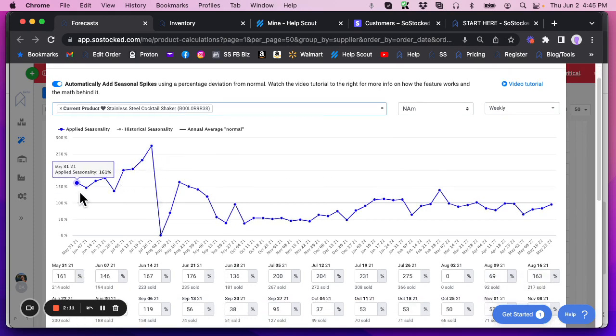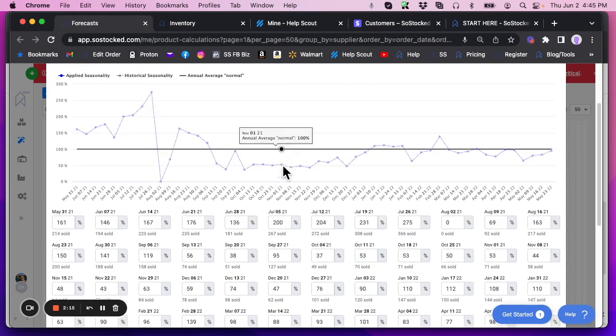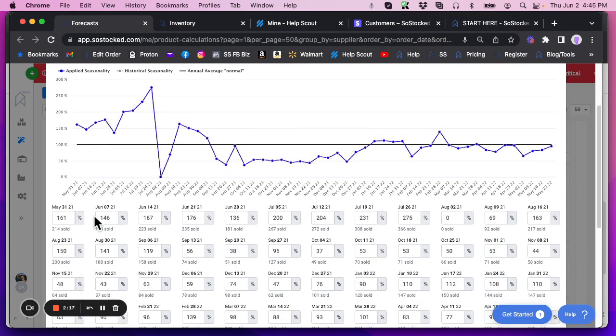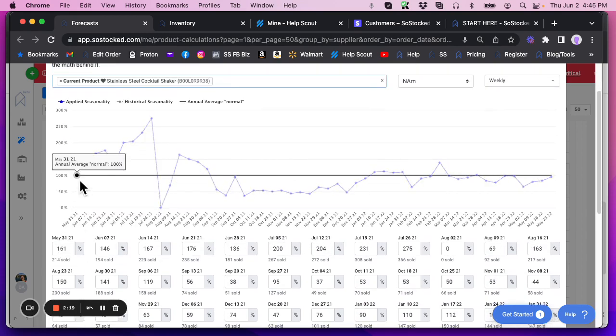Let's get into a little bit of the math, and I'm going to keep this really simple and not get too complex with it. Basically, we're looking at average percentages. If we look at this first week, we sold 214 units, which is 161% of our annual average.